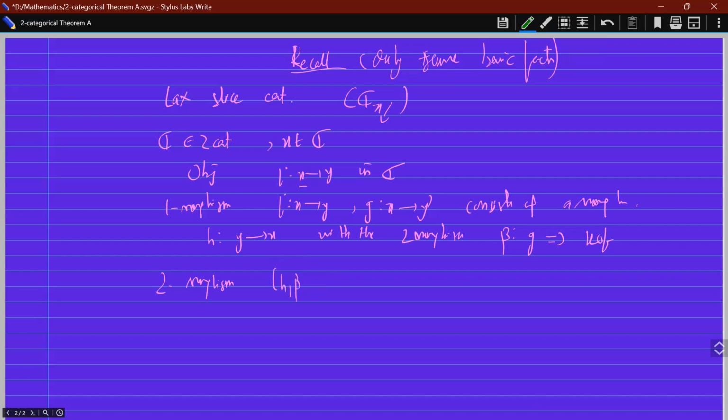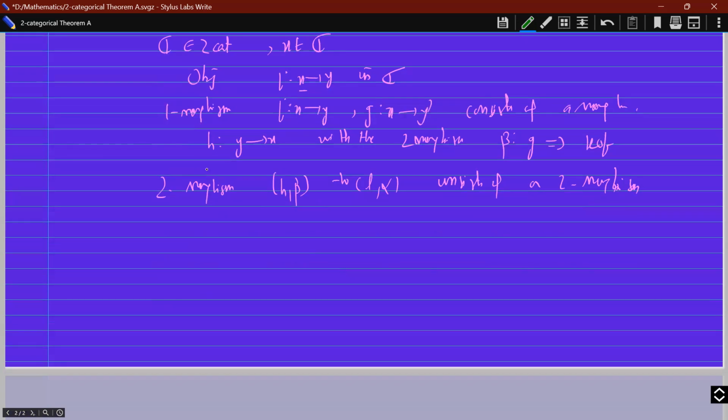From H and beta to L and alpha consists of a two-morphism, let me call this eta, from H to L, such that the induced diagram commutes.